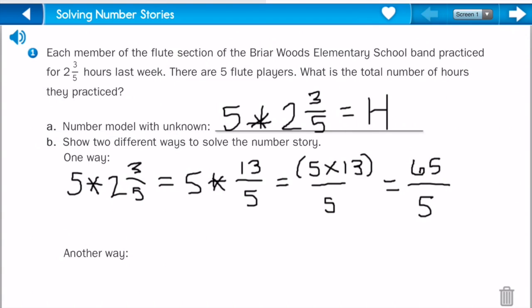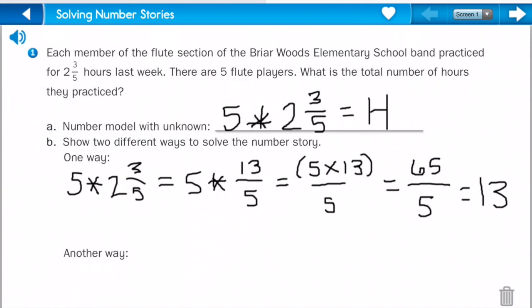And so now let's simplify it. How many times can 5 go into 65? I see that 65 ends with 5, so I know that it'll be a whole number. What would that be? Yeah, it would be 13. Okay, so that's one way we can do it.